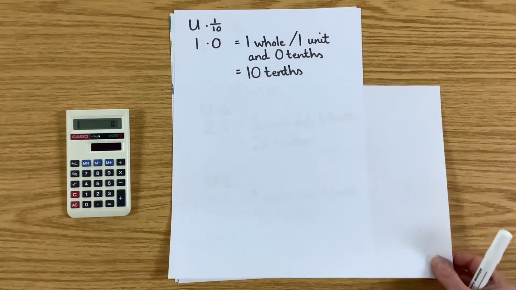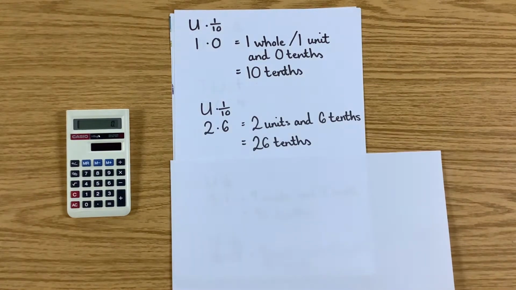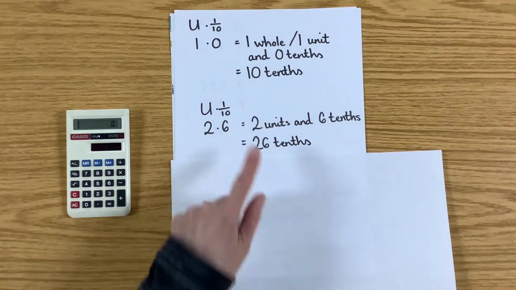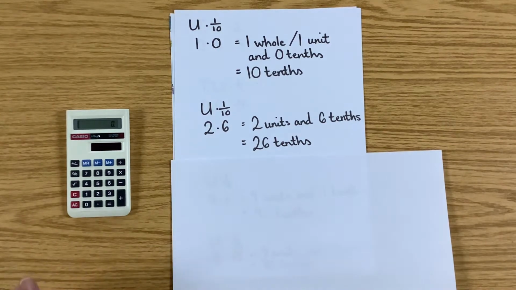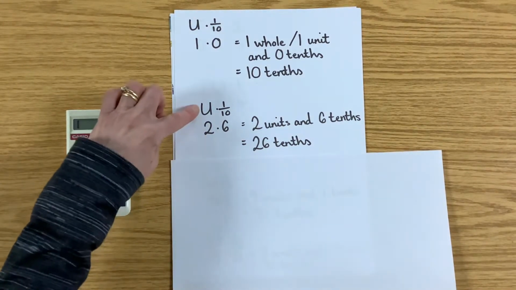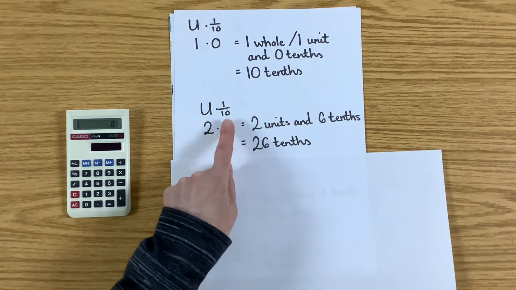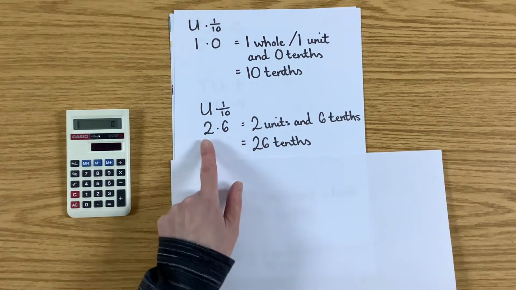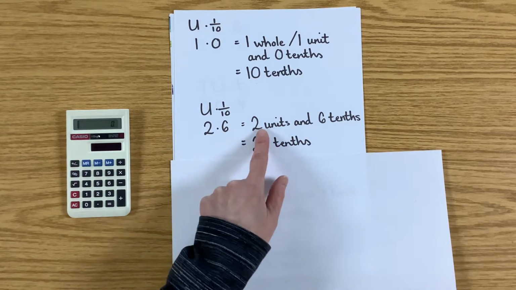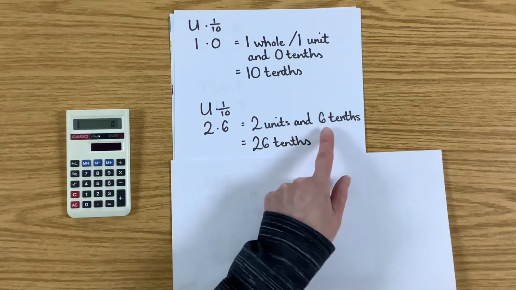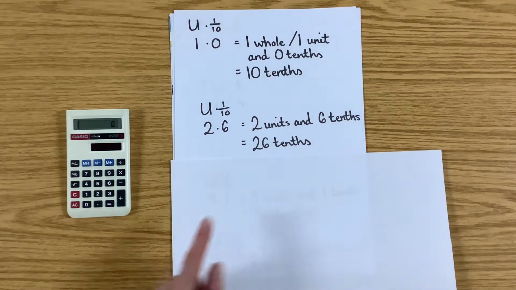If I had 2.6, what does 2.6 mean? Well, the 2 is 2 units. The 0.6 tells me I've got 6 tenths. So 2.6 tells me I've got 2 units and 6 more tenths. Or, of course, that would be the same as 26 tenths.